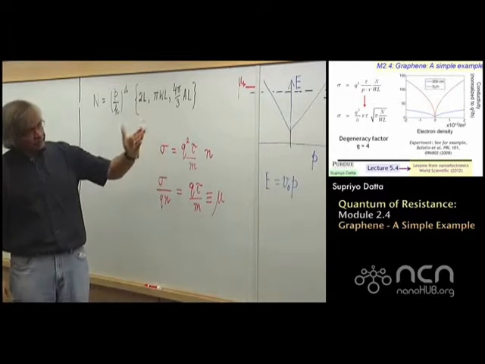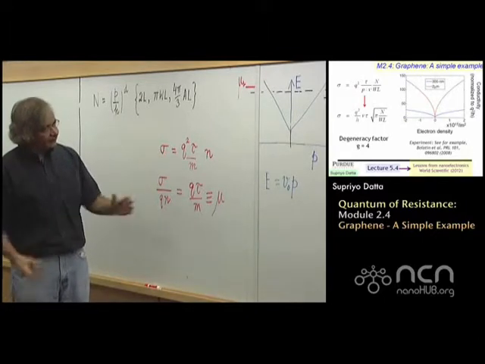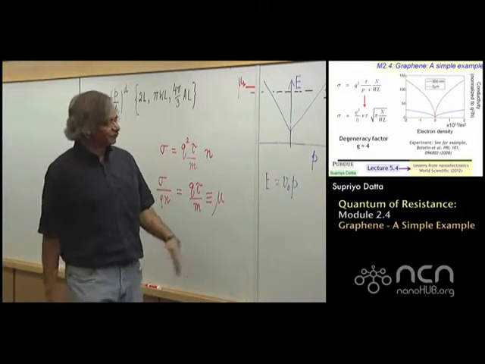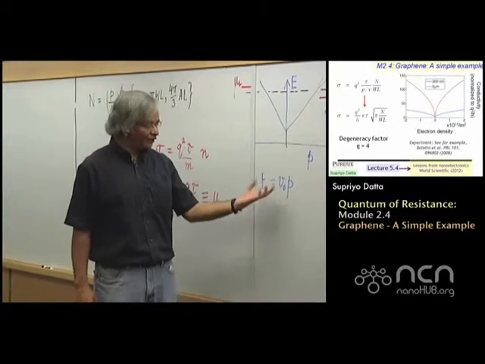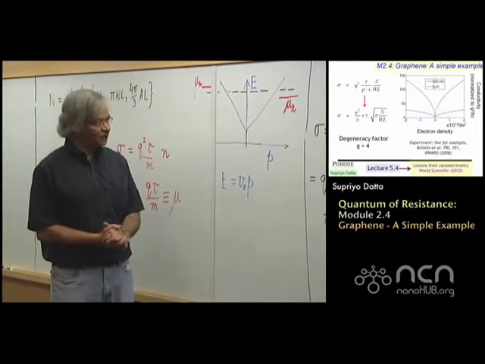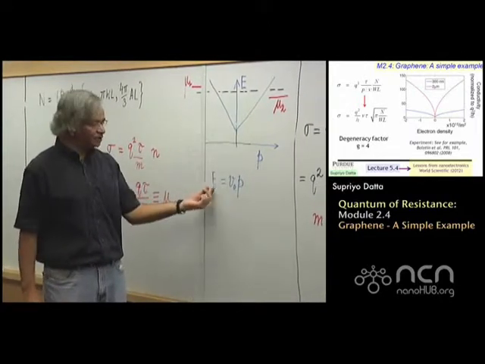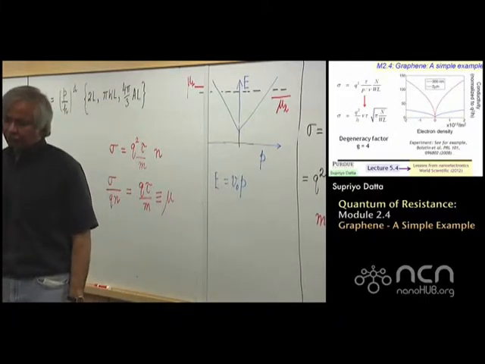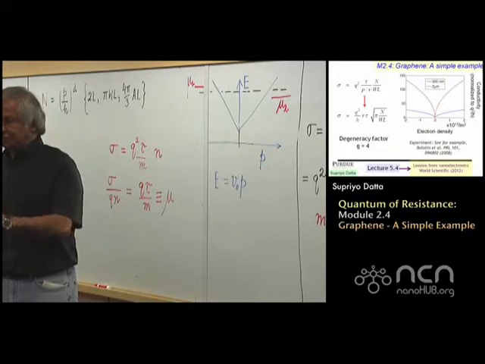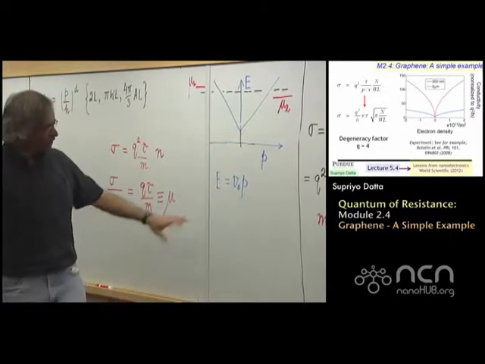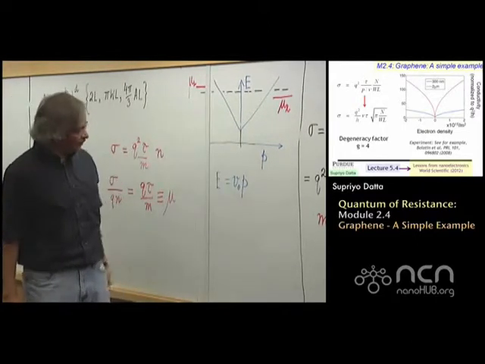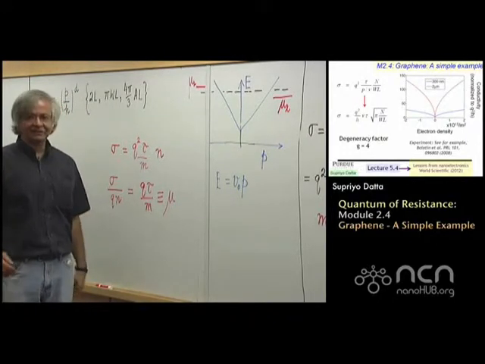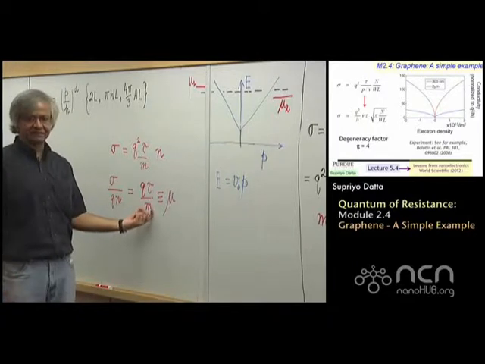And what I want to point out here is that if you did not have a parabolic relation, a good example being graphene, where the energy momentum relation is linear rather than parabolic, E is proportional to P rather than P squared, and in solids in general you could have more complicated energy momentum relations, then this mass should be used with caution, in the sense that the mass actually is not a constant.